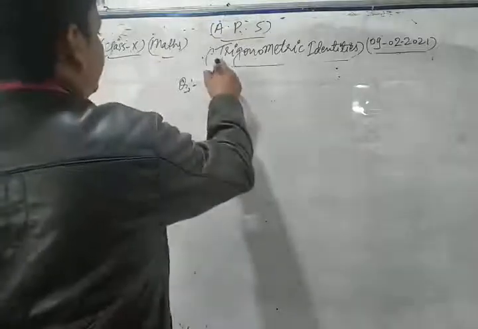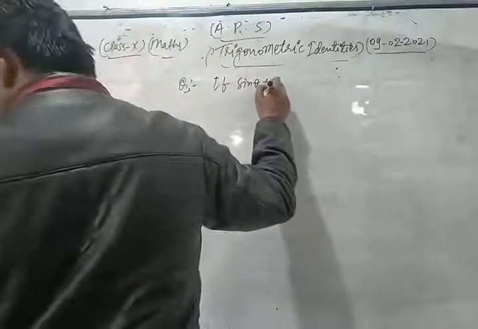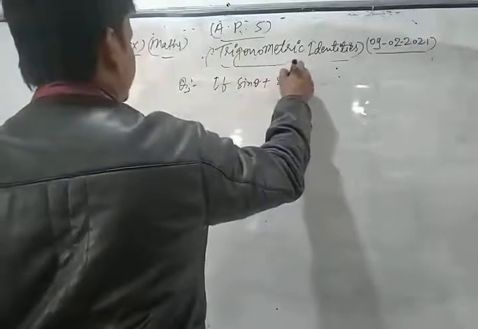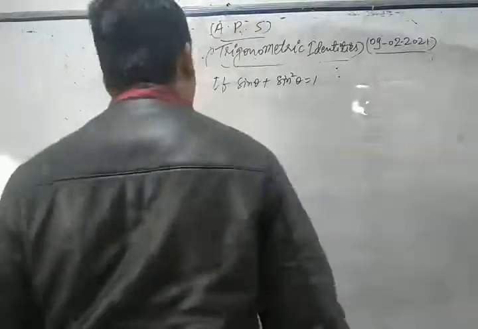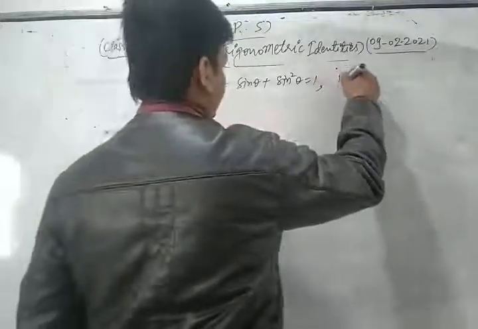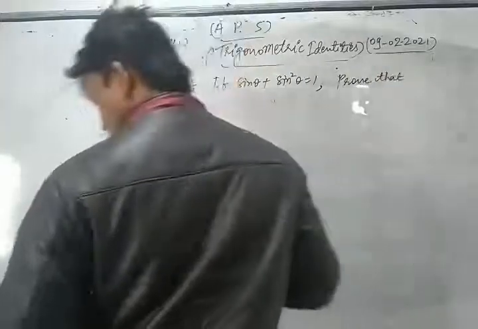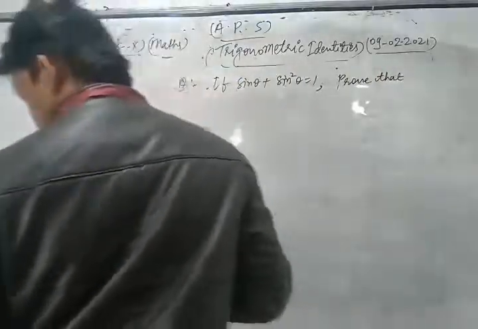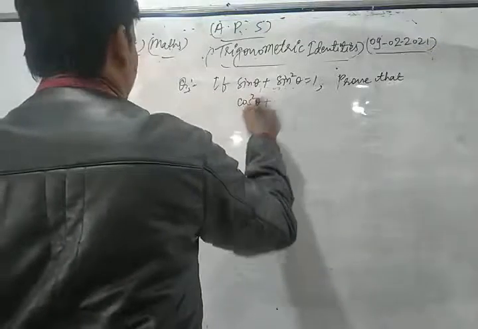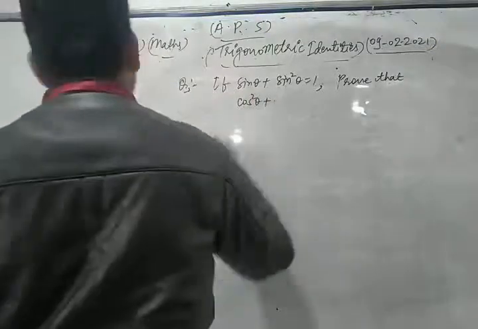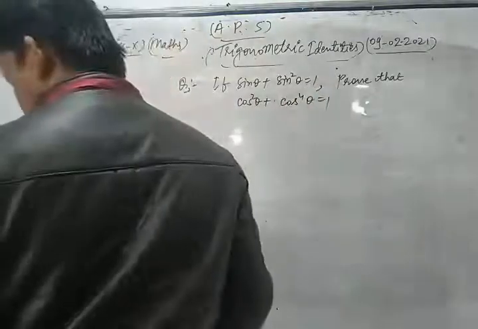If sin theta plus sin square theta is equal to 1, prove that cos square theta plus cos to the power 4 theta is equal to 1.